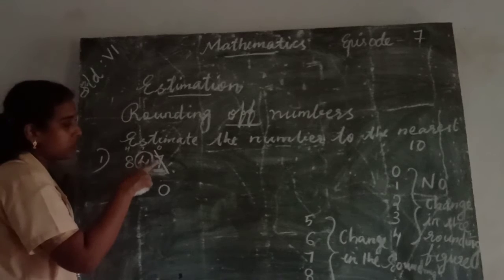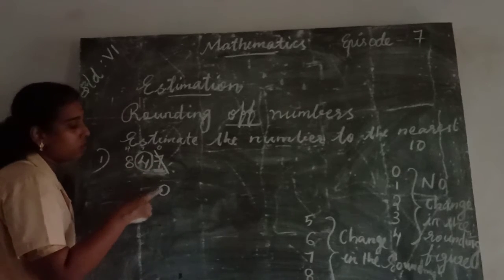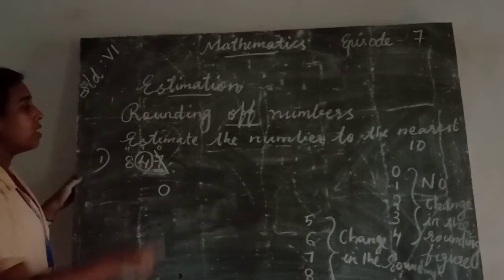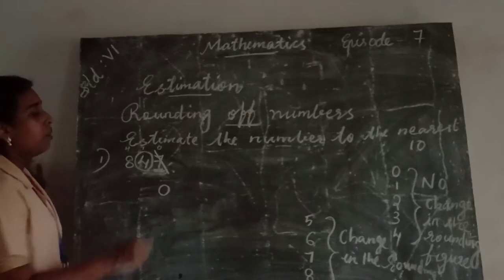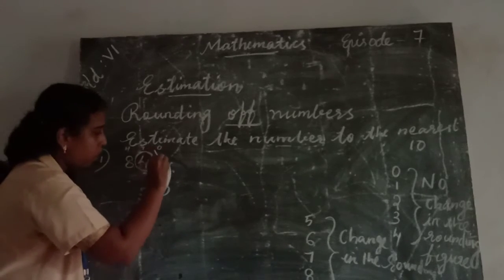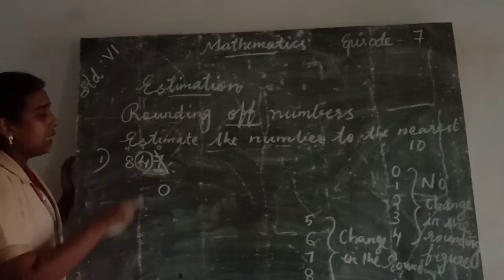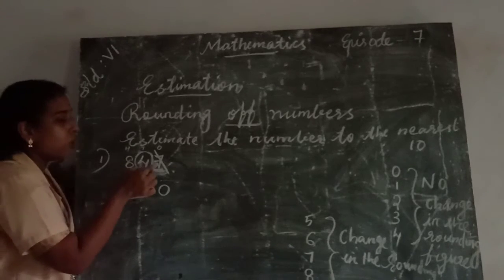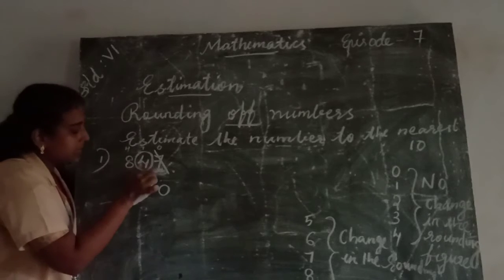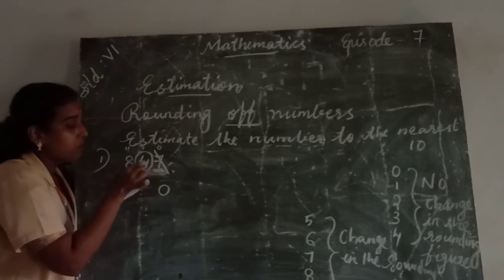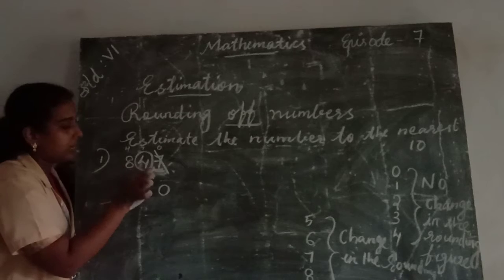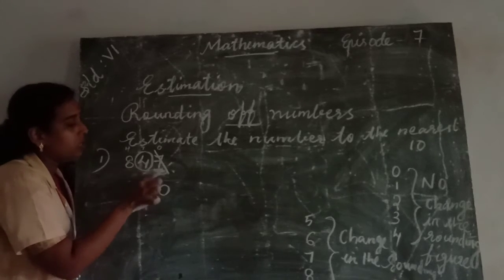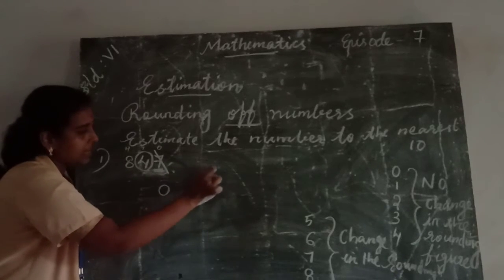Here the ones position is dropped, so we write 0 there. Then we look at the digit that just comes before the rounding figure, which is 7.